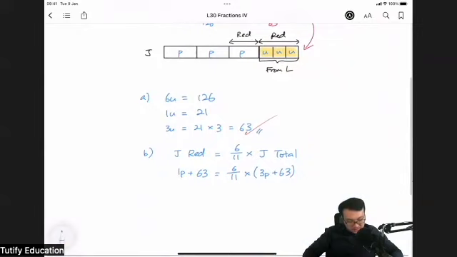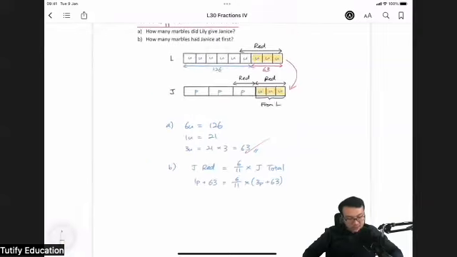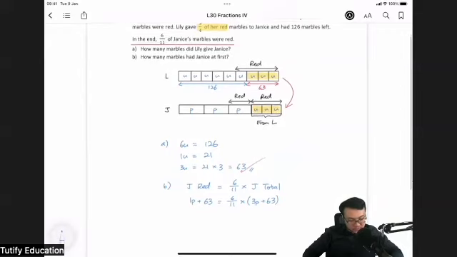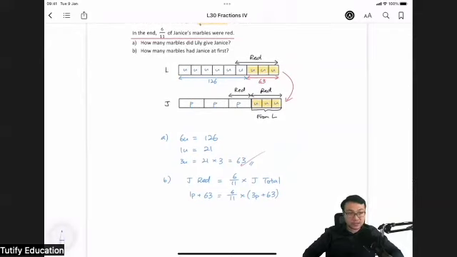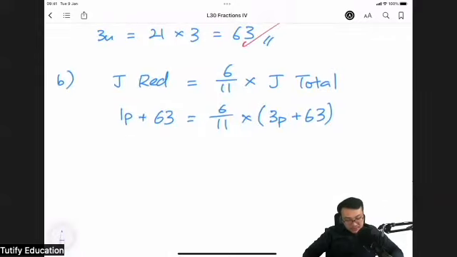So I said that 6 out of 11 of the total equals the red. So let's try to simplify this. Before I start to simplify, Nin, do you know why I'm writing it like that? Or do you have any questions? No. Okay, so let's simplify it now.